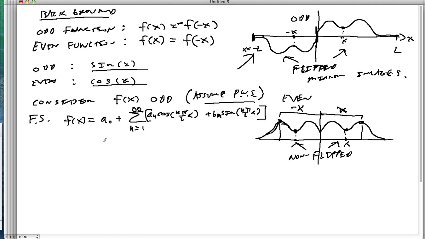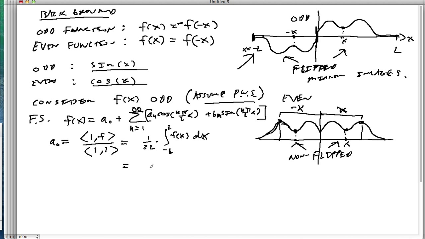Then in order to compute these, we need to compute the Fourier coefficients. So a_0 is equal to the inner product of 1 against the function divided by the inner product of the function 1 with itself, which is 2L in the denominator, and then the integral from negative L to L of f of x dx.